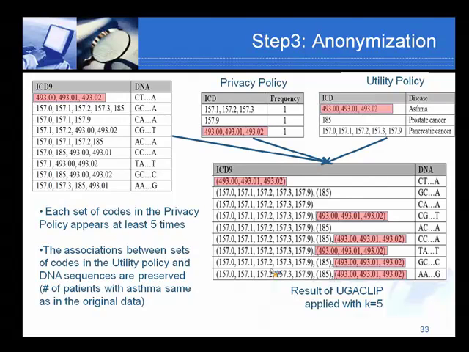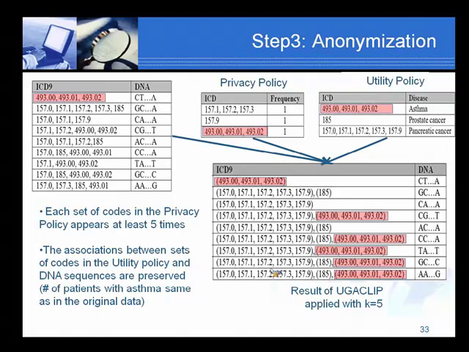As you can see, each set of codes in the privacy policy appears at least 5 times in the resultant dataset. For example, the codes for asthma 493.00, 493.01, and 493.02 appear 6 times. This achieves privacy because it makes data linkage less feasible.